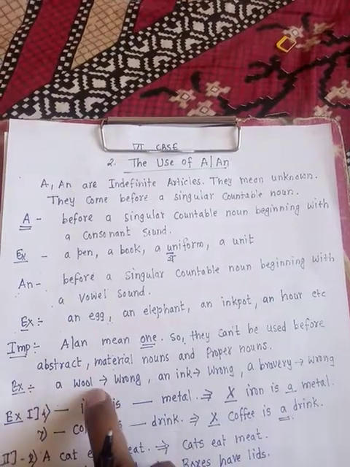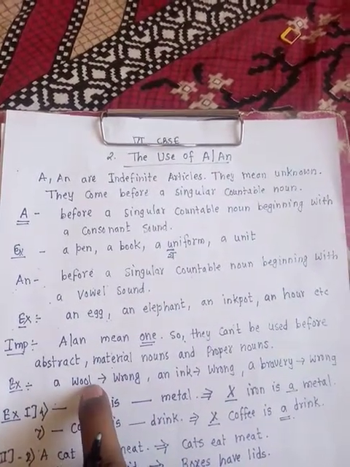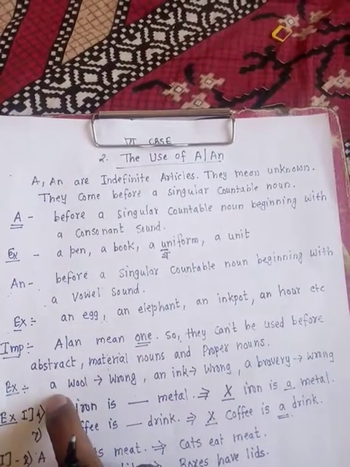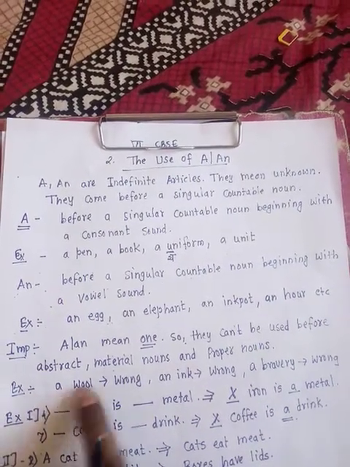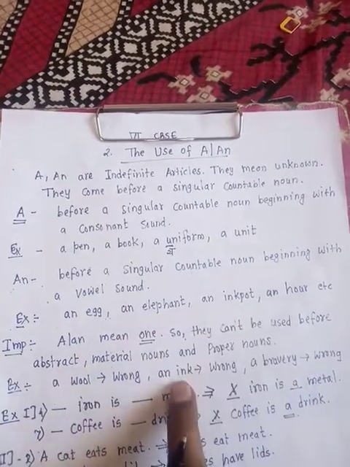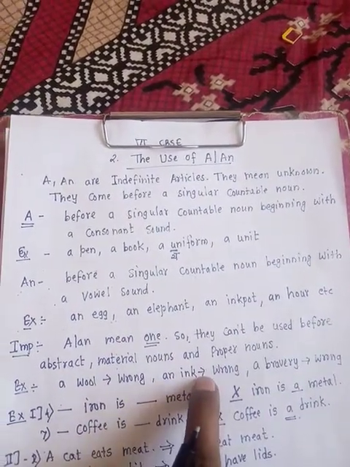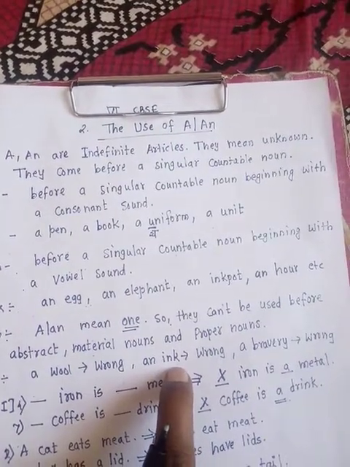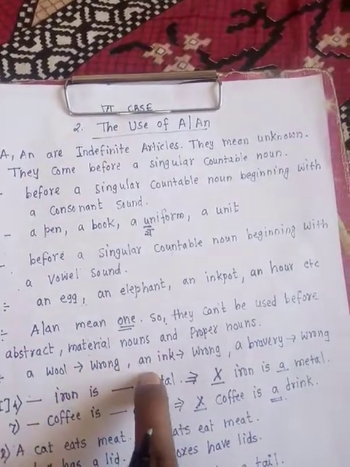Now wool is taken from goat. You can't count wool in number, so saying a wool is wrong. Like from here, ink pot is countable but not ink. You can't say an ink because ink is never countable. You can't count ink in number.